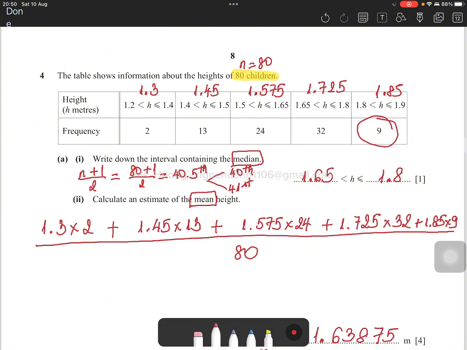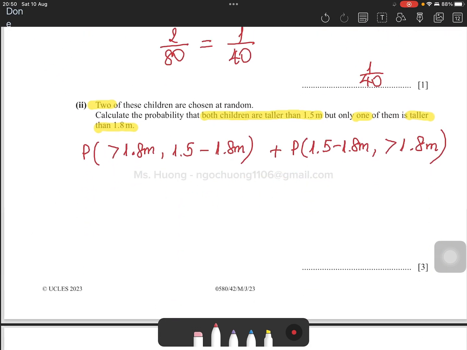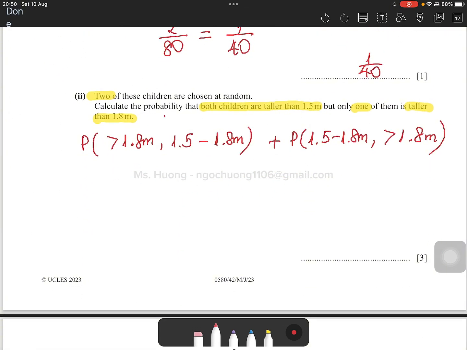Only 9 students are taller than 1.8 meters. And there are 24 plus 32 children who are taller than 1.5 but less than or equal to 1.8 meters. You know that 24 plus 32 is equal to 56 students.